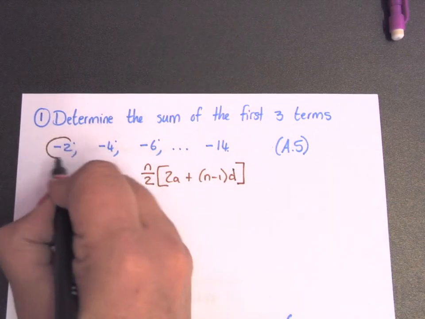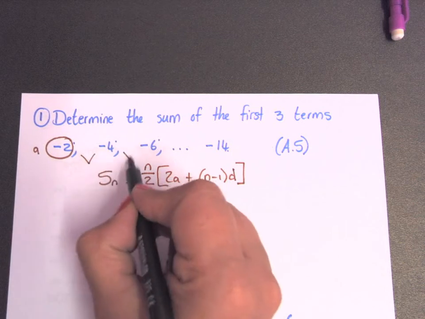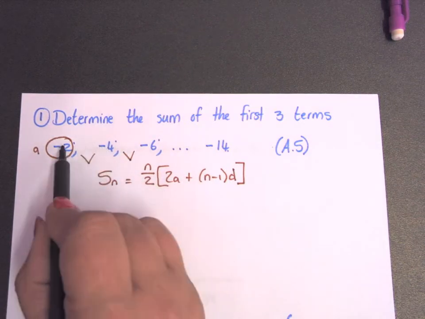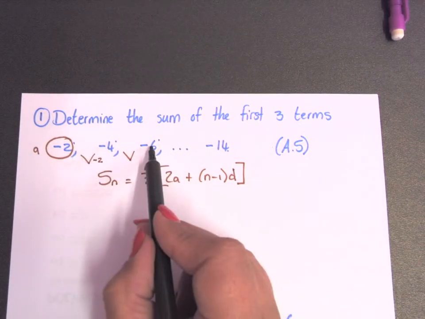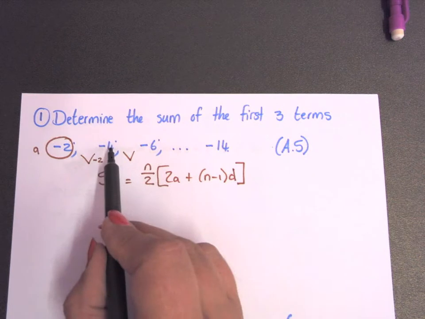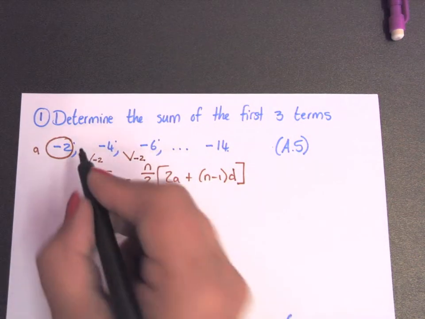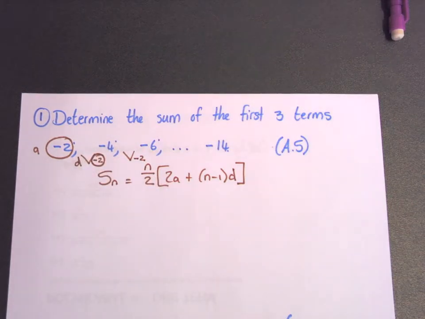A will be negative 2, d will be minus 4 minus 2 gives me negative 2. Minus 6 minus 4 gives me negative 2. So this will be my d. And now I can substitute the a and the d.